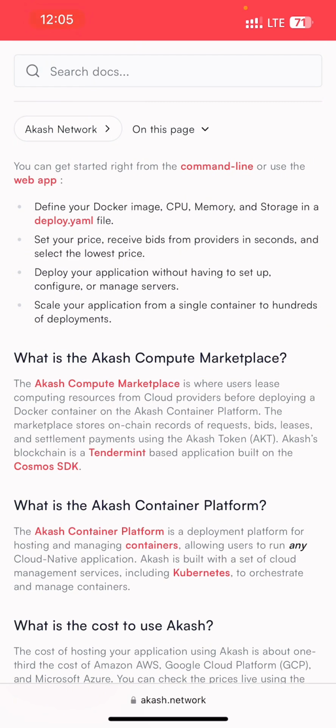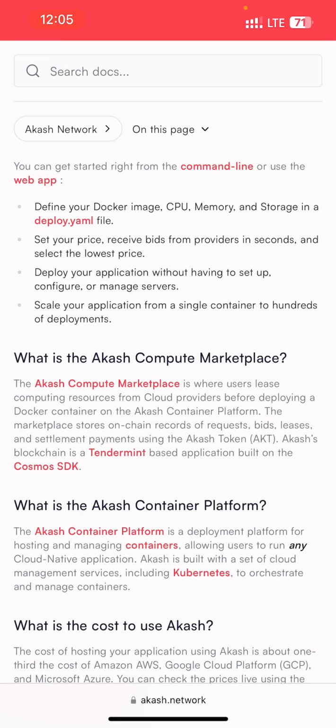So 2, I'm going to be talking about what is Akash Compute Marketplace. Akash Compute Marketplace is where users rent computing resources from cloud providers before deploying a Docker container on the Akash container platform. Yes.